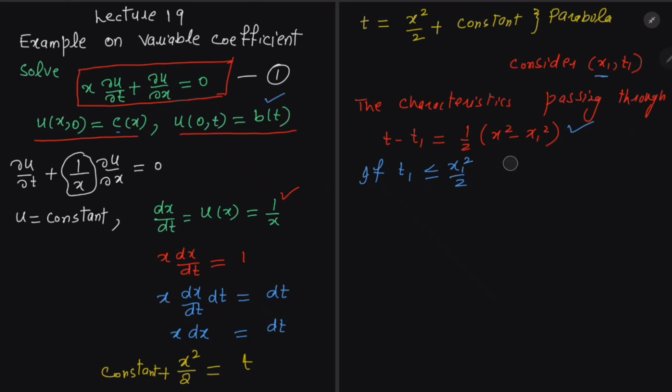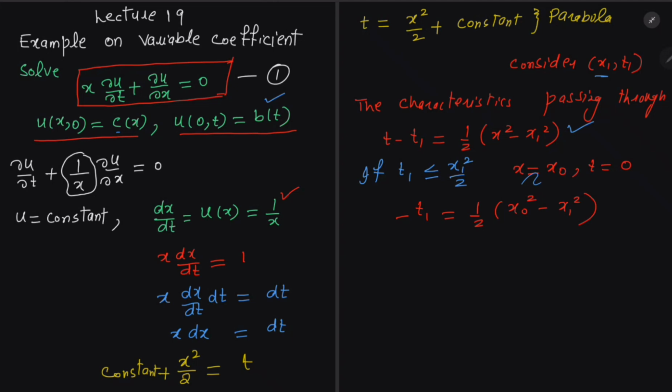If it is passing through the x-axis, then x will be equal to x naught and t will be equal to 0. So the above equation becomes 0 equals t1 minus half x naught squared minus x1 squared.